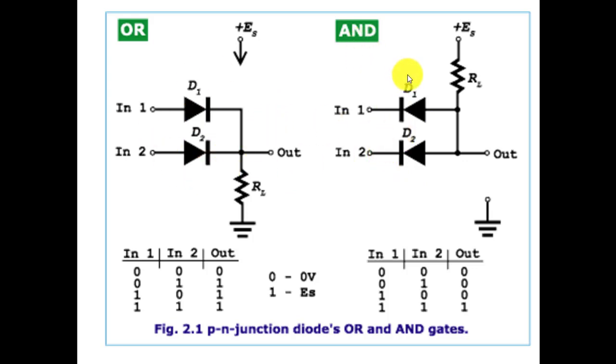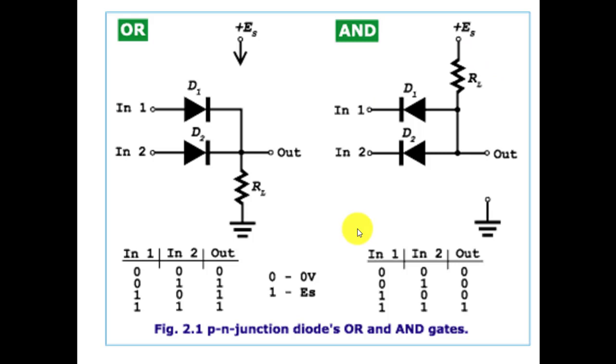In this case, the resistance is attached to the positive terminal of the battery and to the P side of both of the diodes, whereas in the OR gate the resistance was connected to the N terminals of the diodes and the ground. So it's the major difference between the logic OR and logic AND gate using the diode logic, and we will draw the output from this terminal and the ground.